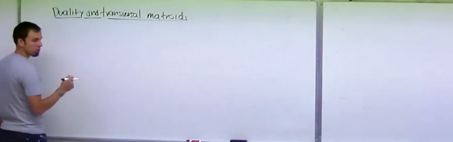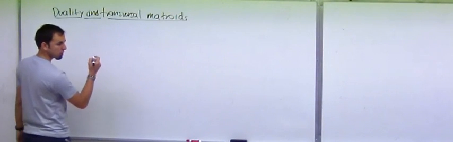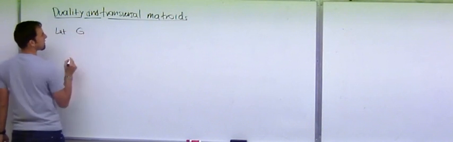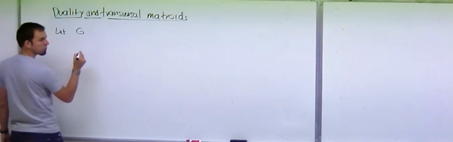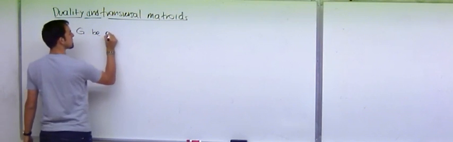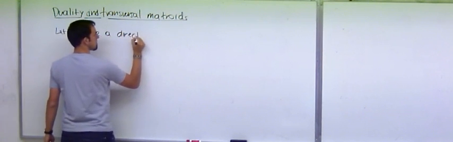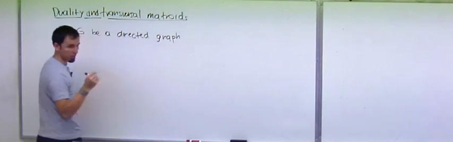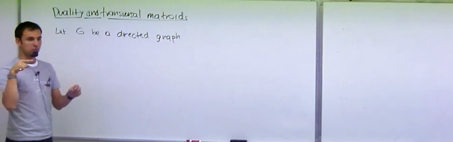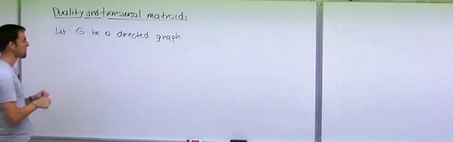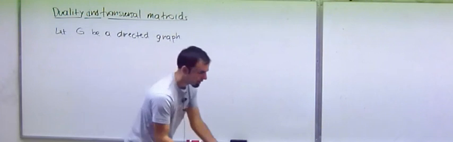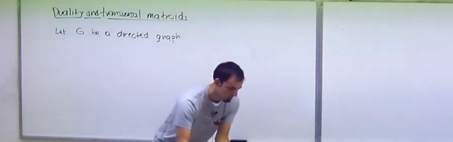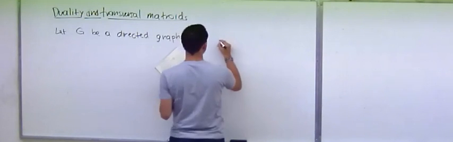And so what I'm going to do is define something for you. Let's say that you have some directed graph. What this means is that every edge of the graph has a starting point and an ending point, so there's a direction on it. We draw it with an arrow. So maybe I'll draw a directed graph.